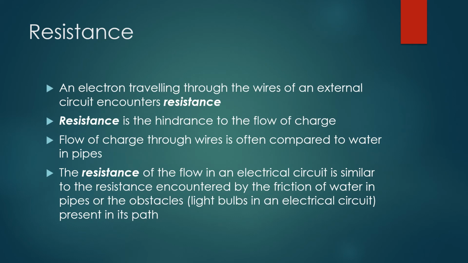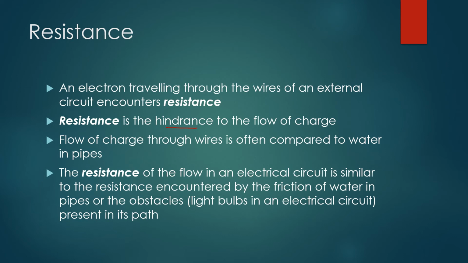So let's talk a little bit more about resistance and what these resistors are. When an electron is traveling through the wires, it will encounter a resistance or a resistor, and that would be whatever you have plugged into the circuit, whatever you're trying to charge, light up, etc. This resistor is a hindrance to the flow of charge because it's using up some of that charge. This flow of charge, when encountering resistors, is often compared to water in pipes.